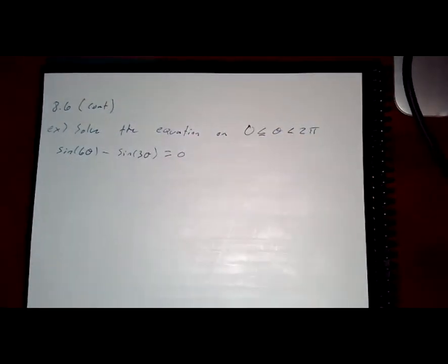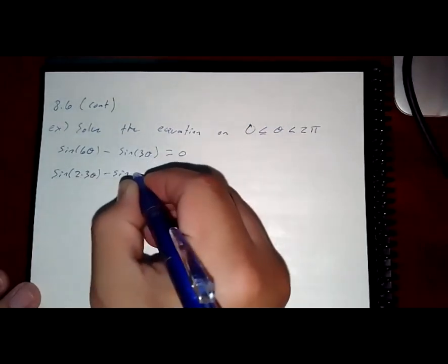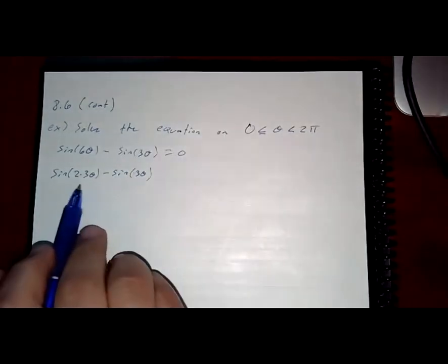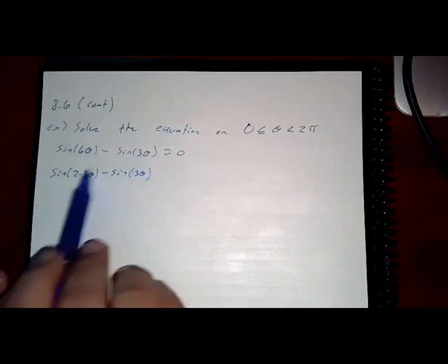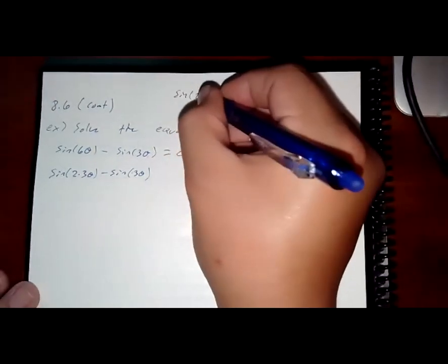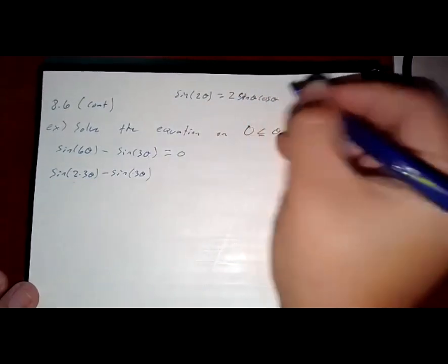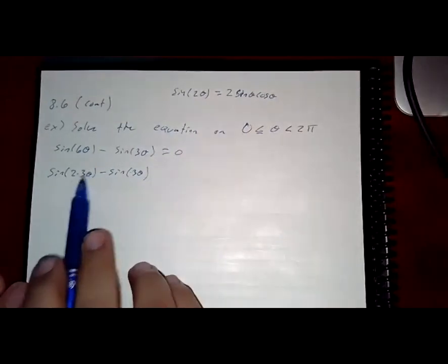So right now, it's a little difficult to solve. Although, this is technically what? Sine of 2 times 3 theta, right? Because I have a double of this guy. So 2 times 3 is 6. So I can technically use the double angle to get this. So sine 2 theta, our theta is 3 theta.